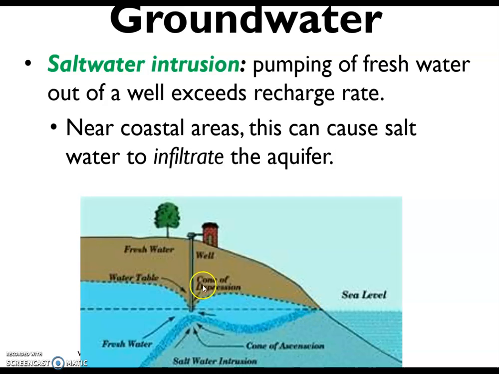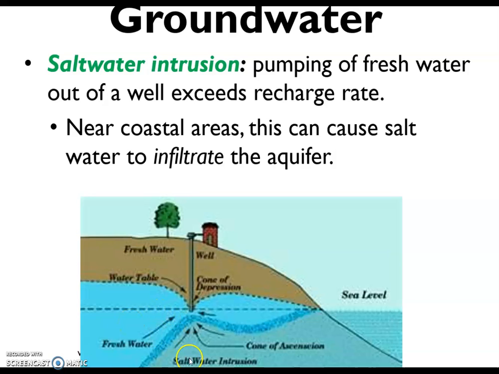So as you can see, what happens in that type of situation, you not only get a cone of depression when you pump, but you also get a cone of ascension, and that's pulling the salt water into the fresh water. And when that happens too quickly, the saltwater and freshwater density barrier breaks and saltwater intrusion occurs.